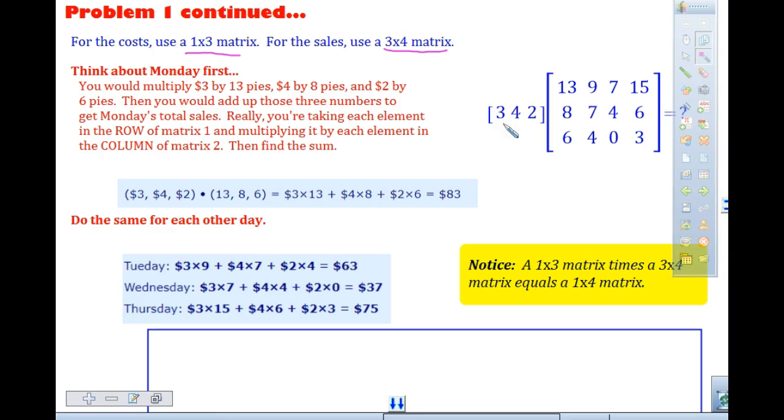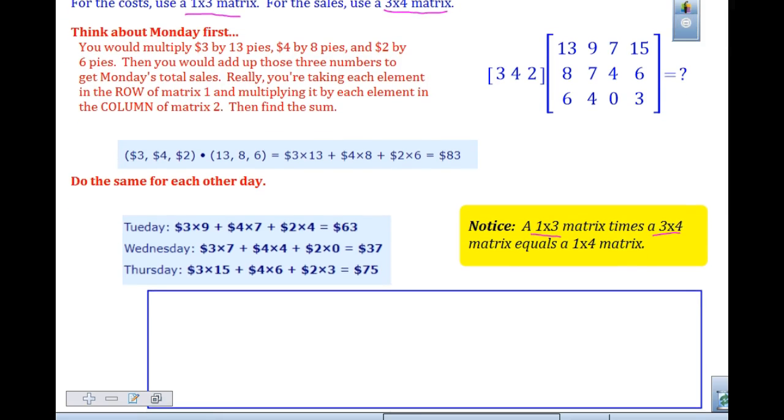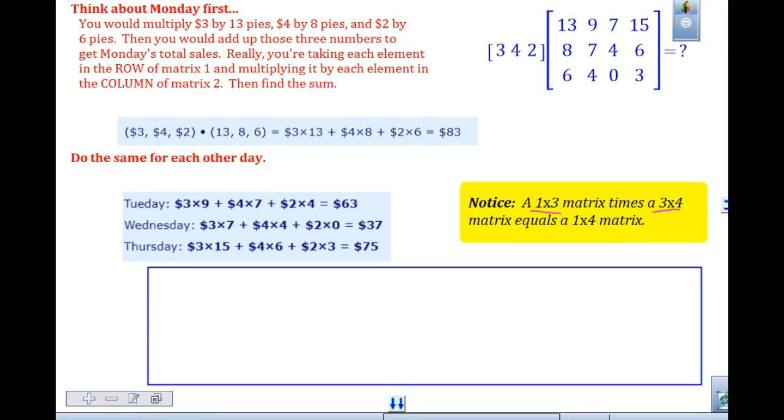So, this first one, notice you have a 1 by 3 matrix, and you are multiplying it by a 3 by 4. Okay. So what you're going to do is you're taking 3 times the 13, you can see they show it here. You're going to take these 3 times these 3 going down.